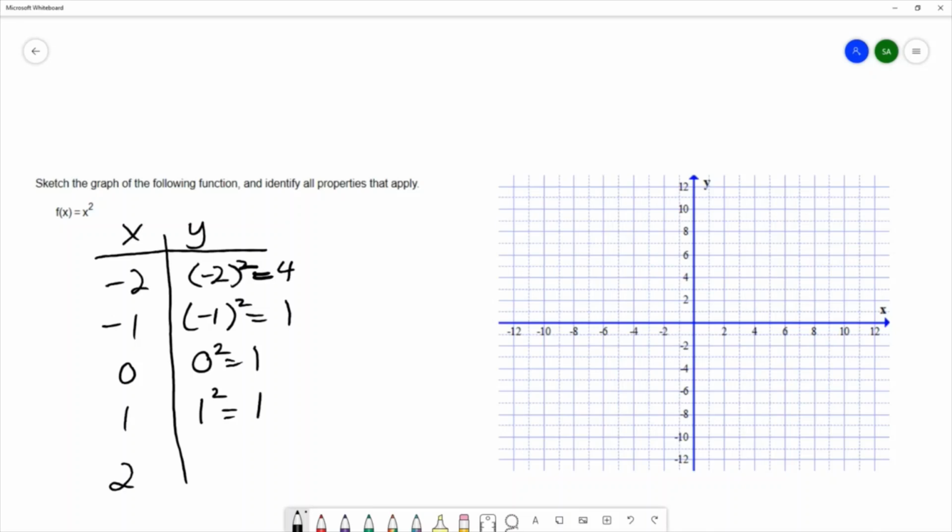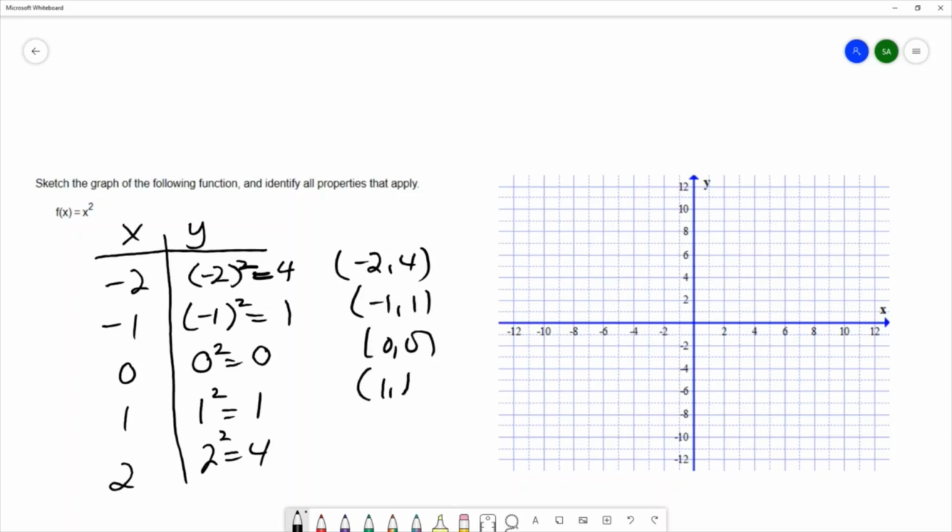Let me back up because 0 squared is not 1. 0 squared is 0. 2 squared is 4. And this gives me a set of ordered pairs that I can plot to sketch my graph out of. So we have -2, 4, -1, 1, 0, 0, 1, 1, and 2, 4.